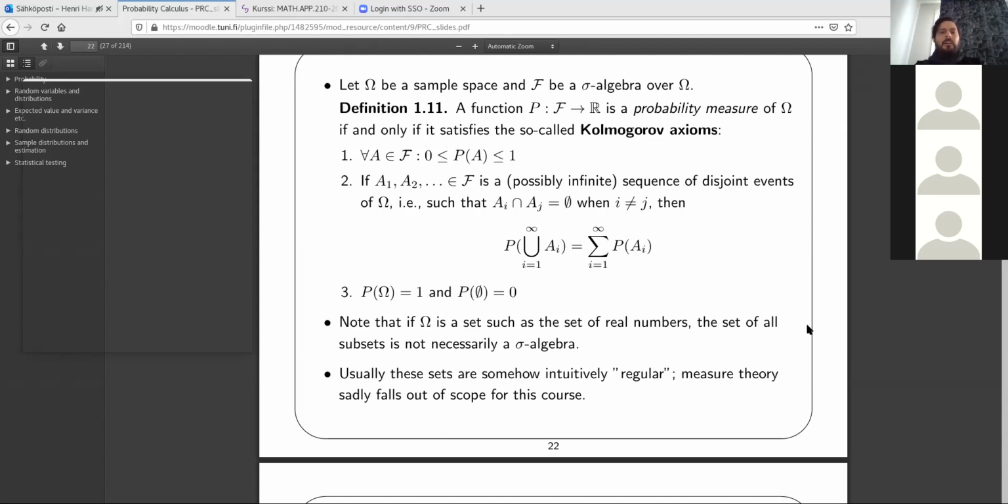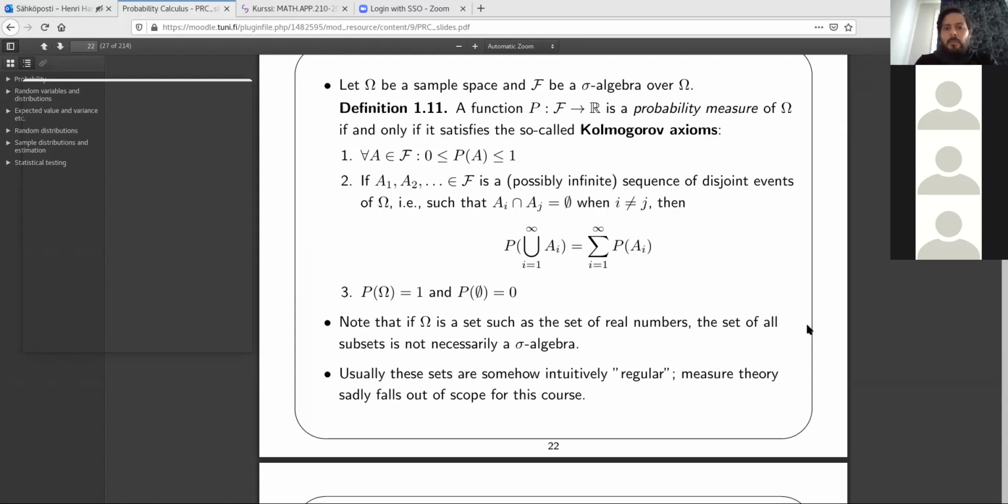It should be noted that if we use something like a set of real numbers, then the sigma algebra in question cannot be the set of all possible subsets, because that's impossible. To prove this would require us to go into measure theory, and I'm not going to do that now, but take my word for it. We need sets like Borel sets or something like this.